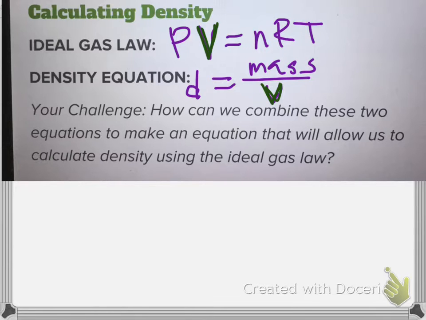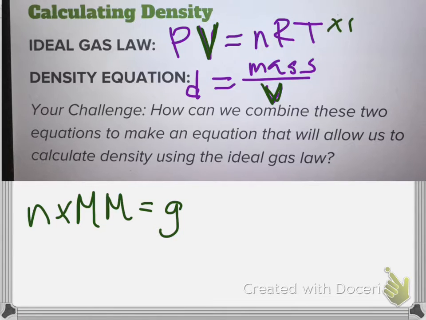And now we need to relate mass to one of our variables in the ideal gas law. We know that mass and moles can be related through molar mass. So if we have moles and we multiply it by molar mass, we would get our grams. We would be able to convert something into mass.